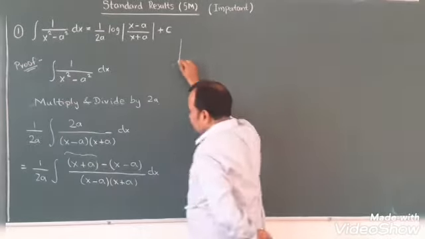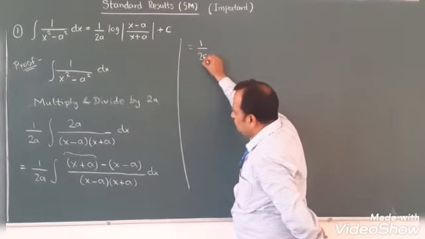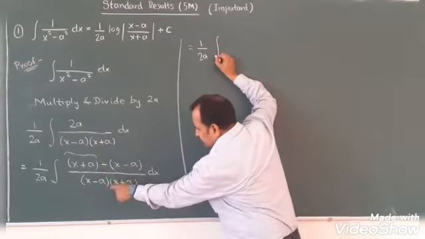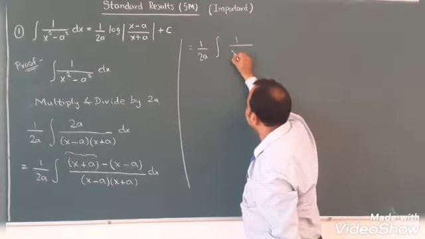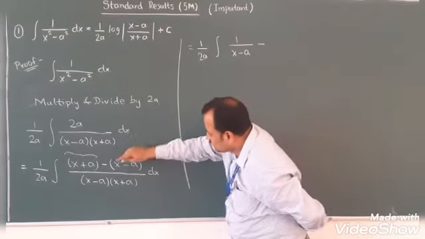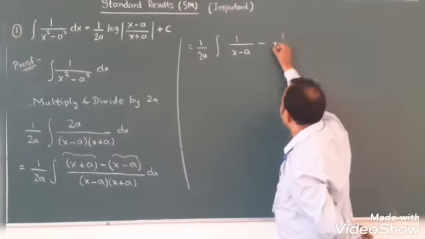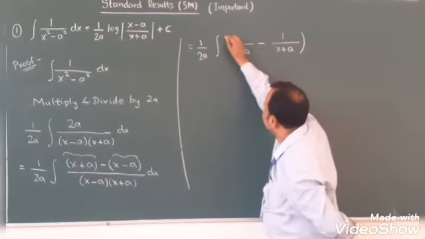So tell me what you will get. So this we can write as 1 by 2a into integral of this divided by this. So what you will get, 1 by x minus a will come minus this term divided by this. You will get what? 1 by x plus a, dx.